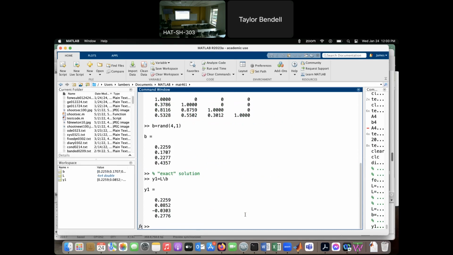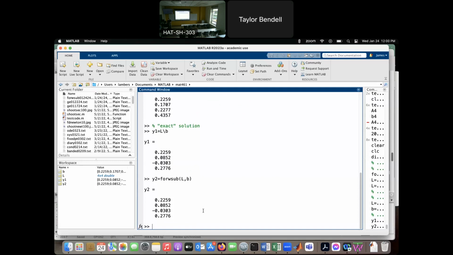And now I have the function forward_sub in this folder. I'm not going to show it to you because I assigned it as homework. So I compute the solution using it. Of course, it does. Okay, so now I call my function to give me y2 as the output. Same L, same b. So these should match.